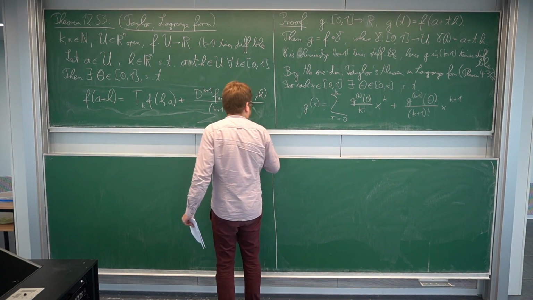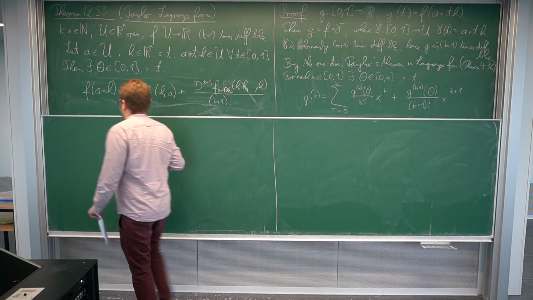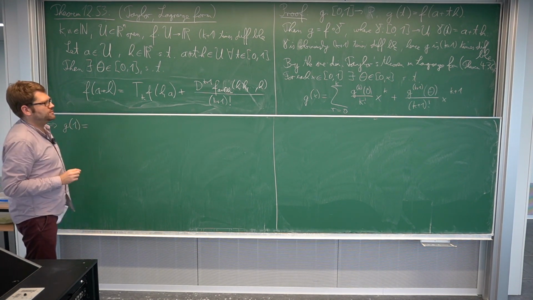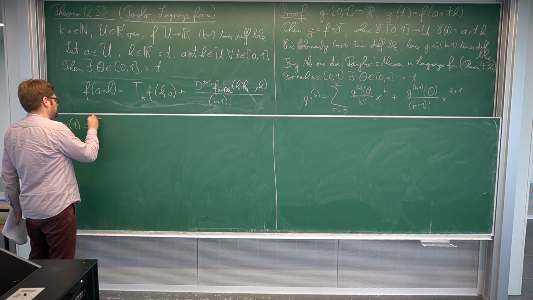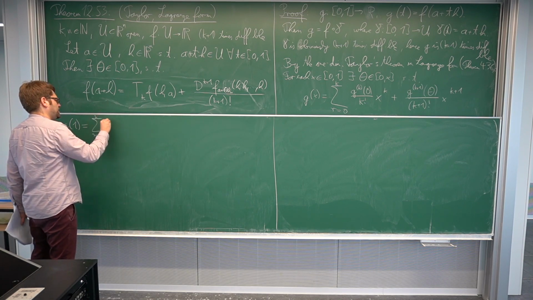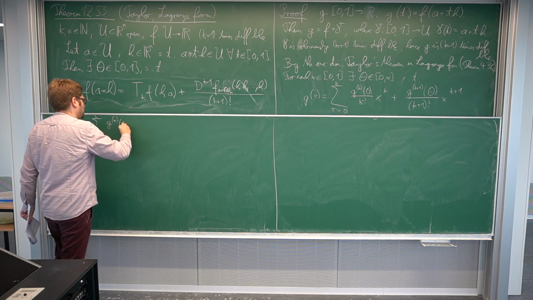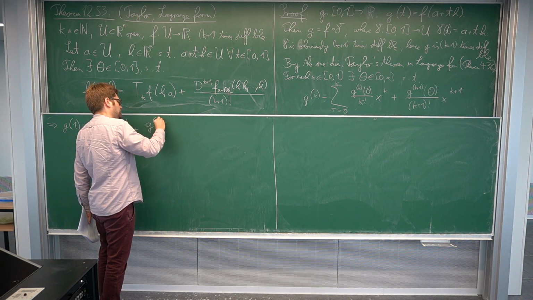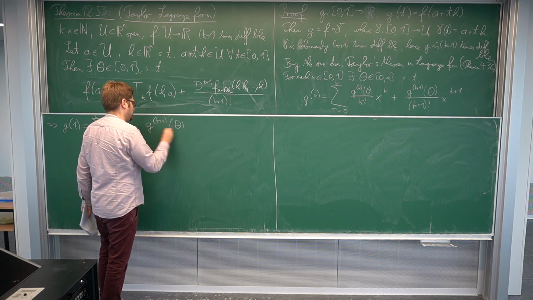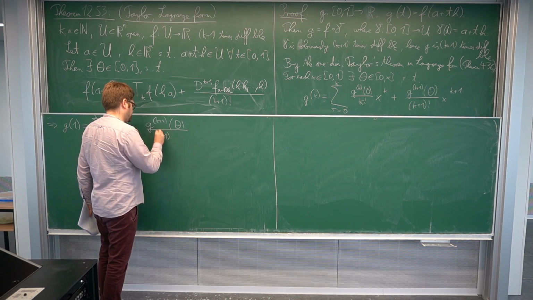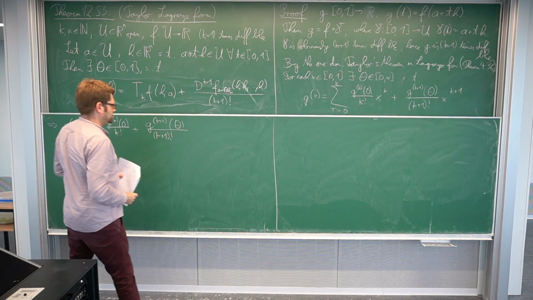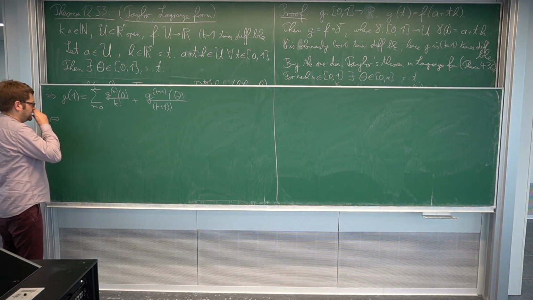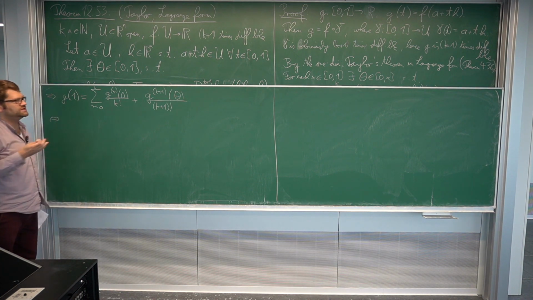So in particular, if we let x be equal to 1, we get that g of 1, then of course all the powers are just 1, that appear there. This is the sum from r equals 0 to k of g to the r of 0 divided by r factorial plus the k plus first derivative of g in theta divided by k plus 1 factorial. And the rest is just as it is. And now we can just insert the definition of g, namely g is f composed with gamma.